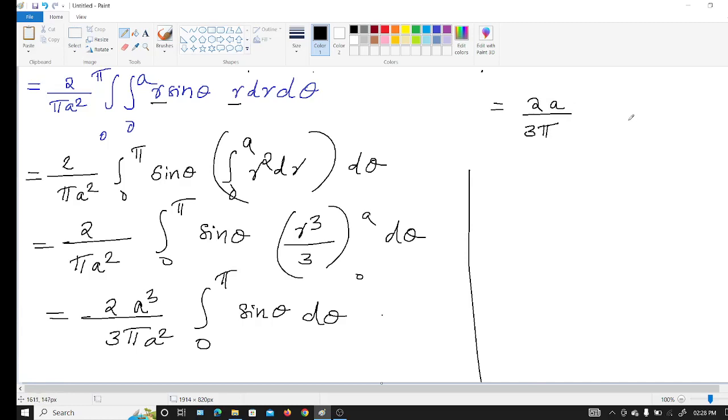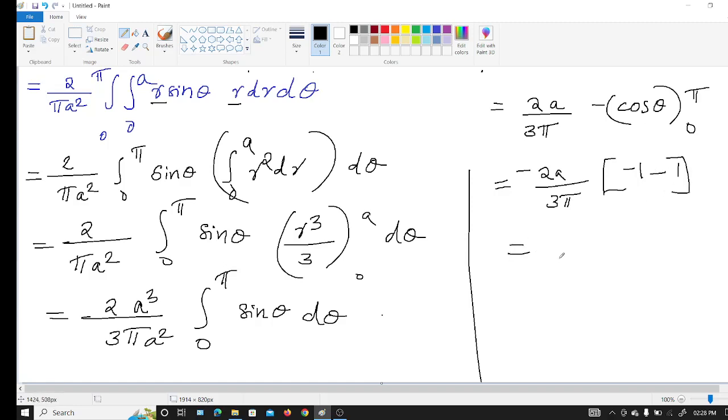Now integral sin theta is minus cos theta, and here theta varies from 0 to pi. Here cos pi is minus 1, cos 0 is 1. So here 2a by 3 pi, minus is there. Now cos pi is minus 1, then minus cos 0 is 1. So the answer is 4a divided by 3 pi.